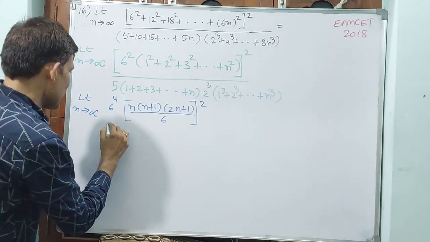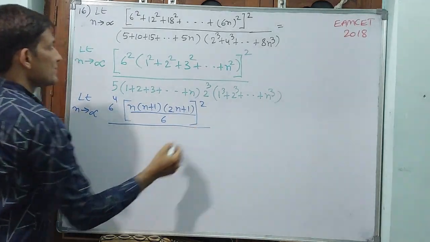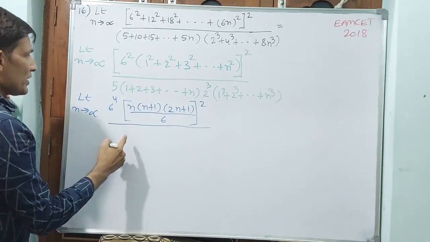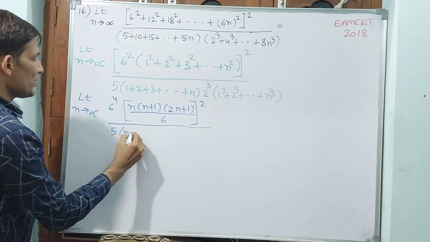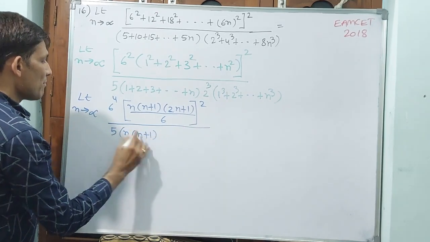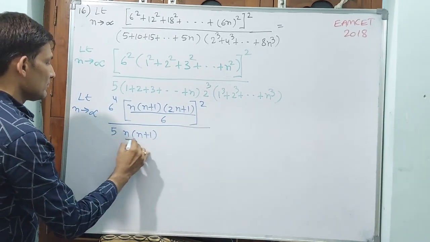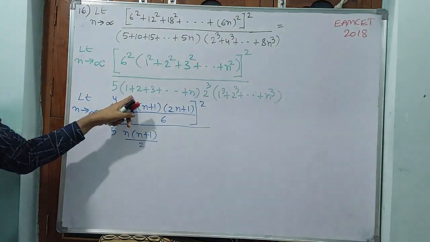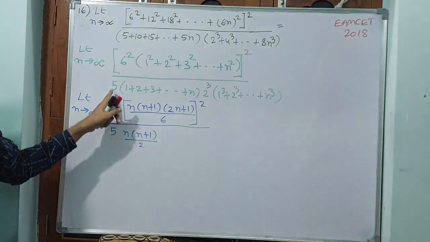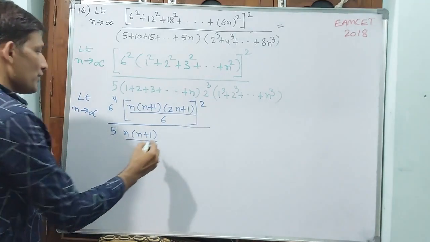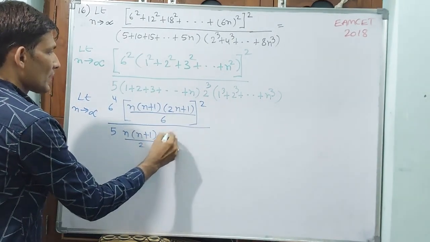Now denominator also you write it. This we know, n into n plus 1 by 2, and 5 is there. Okay, that is over. Into 8, 2 cube.